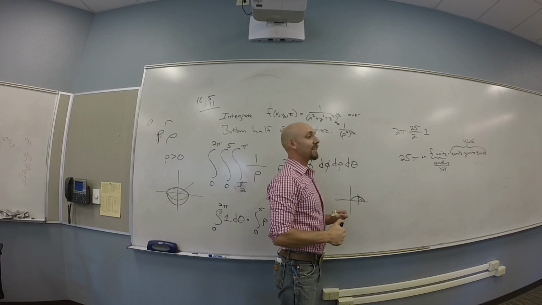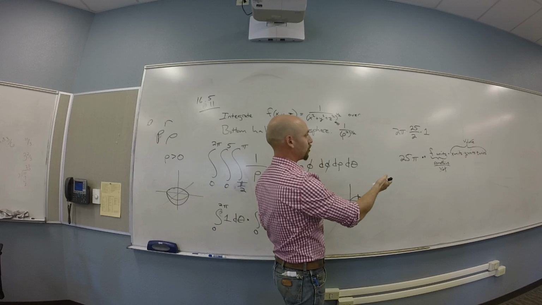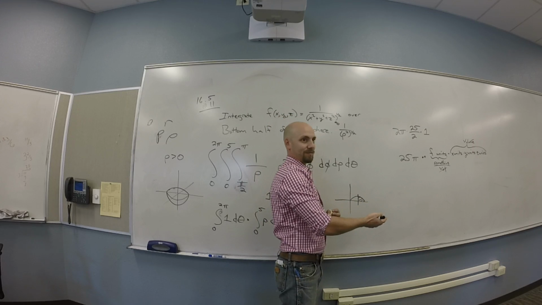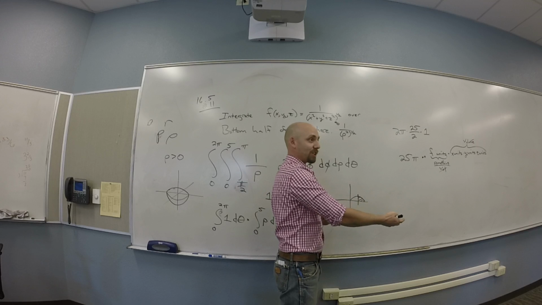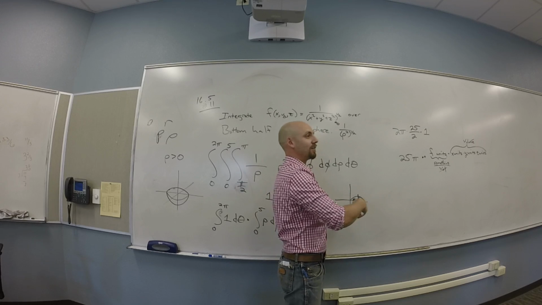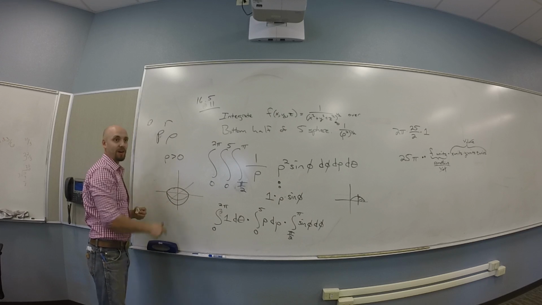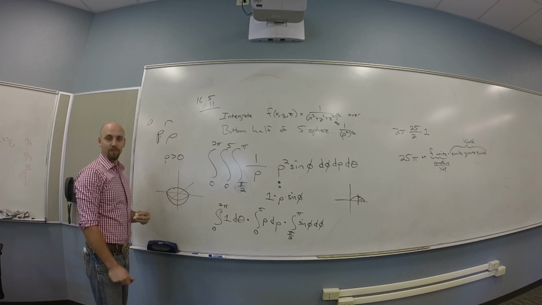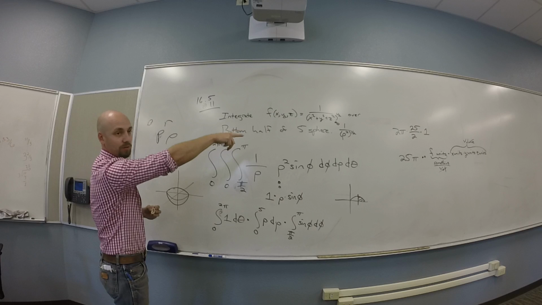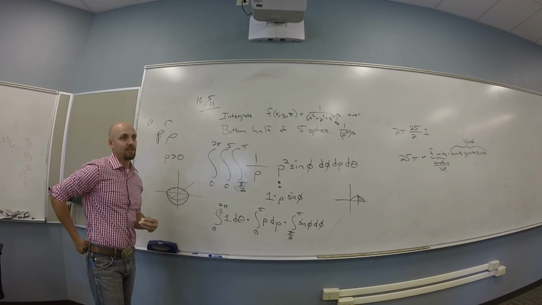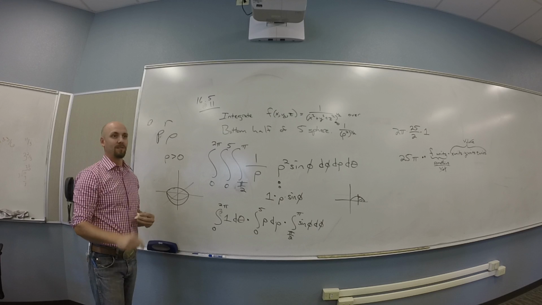So like if that's the concentration of poison gas per cubic meter, right? Then this is the total amount of poison gas in the room. Or this is the total weight of this sphere, right? If this is my density function, where 1 over rho tells you how heavy this stuff is. You guys cool with that? That kind of make sense?